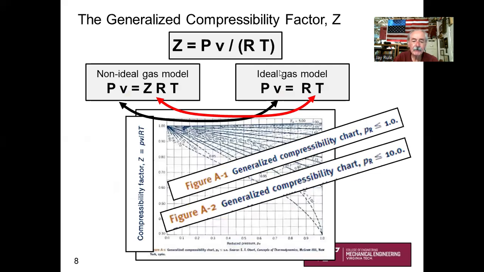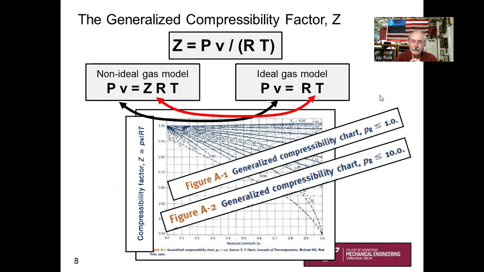Now on to the generalized compressibility factor. A lot of scientists and applied researchers have done a lot of research on a lot of gases, and they have developed what's called a generalized compressibility chart.